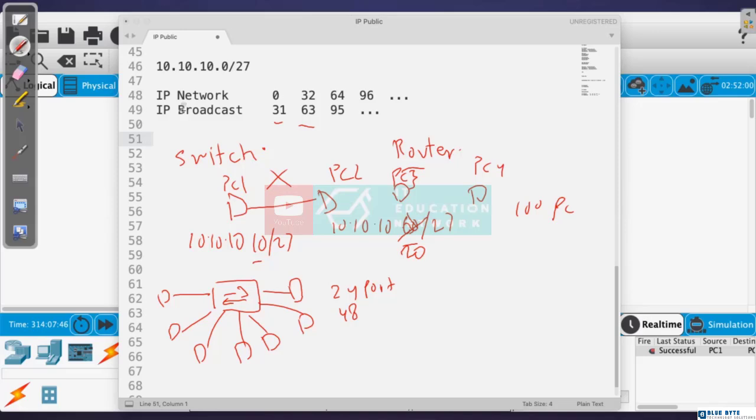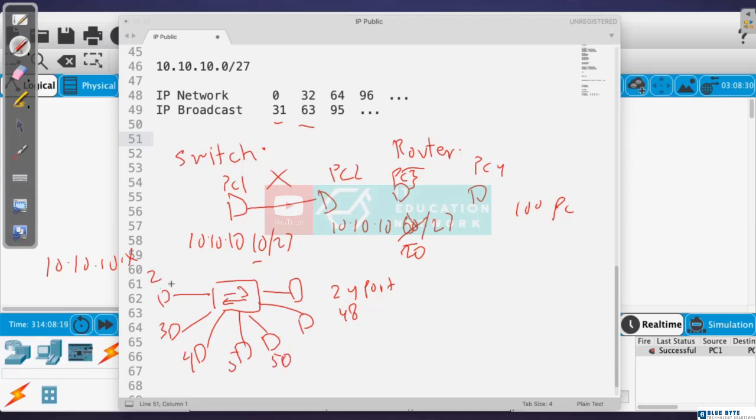Let's say we use IP address 10.10.10.x. The x will be replaced for each computer. Let's say for PC1, the IP address is 10.10.10.2, PC2 10.10.10.3, PC3 10.10.10.4, PC4 10.10.10.5, and let's say here we use IP address 10.10.10.50.